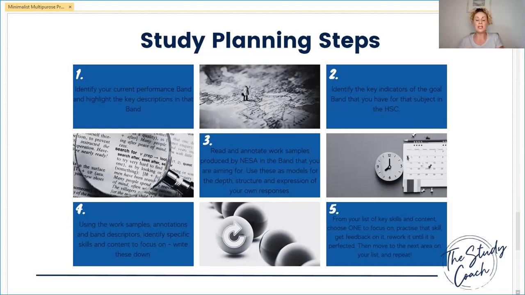And then you use that list of skills and content and choose one. Choose one to focus on in depth, and you practice that skill over and over, and you get feedback on it from your teachers, or your tutors if you have one, by looking at it against those work samples. Then you take that feedback and fix it up, and you keep doing that until it's perfected, until it's just something you can do without having to really focus on it.